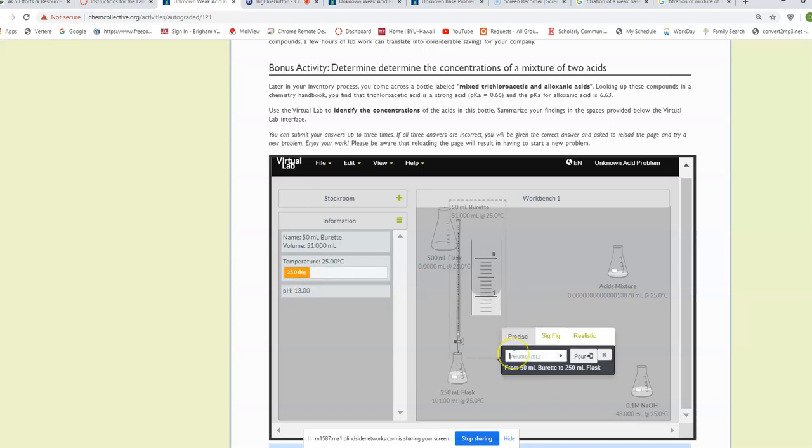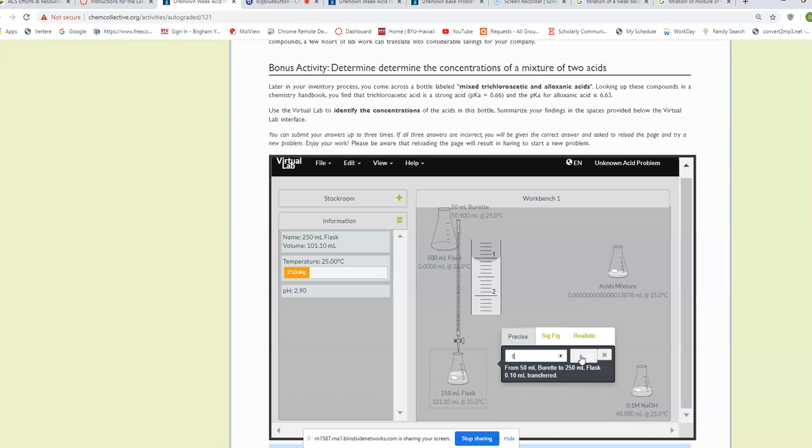So how about I add 0.1 milliliters there? Are you trying to get to 6.63? I need to watch the volume when I'm at 6.63, because that'll be an indication that I'm halfway to my weak acid, right?